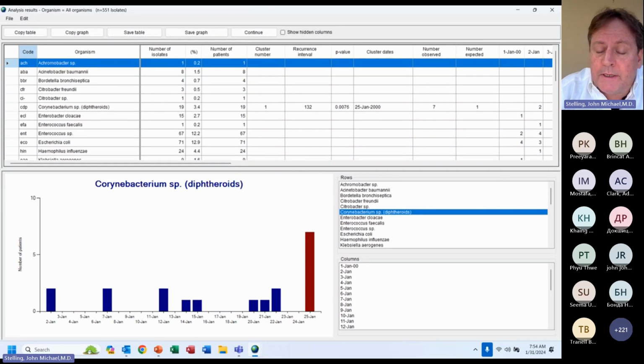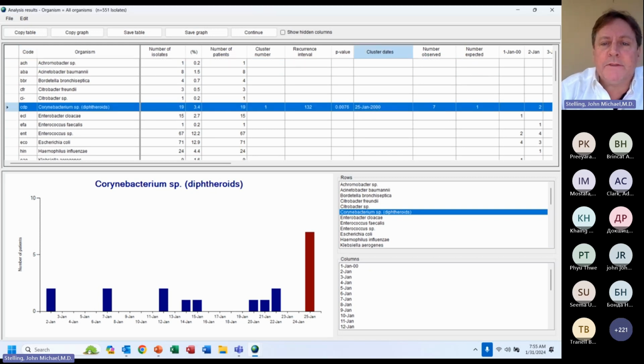Also, you will notice that the previous time I did this, there were some diphtheroids after January 25th, but those were repeat isolates. Now that I've removed the repeat isolates, those have disappeared. So I thought there was a problem on this date before just because my eye told me it was a lot of people. But now I have it confirmed statistically.